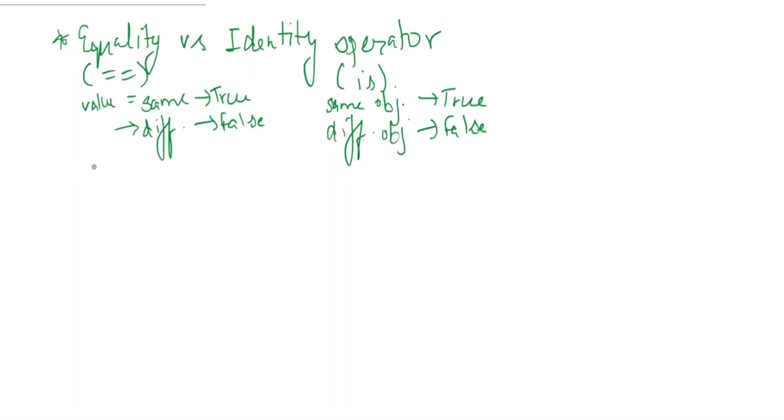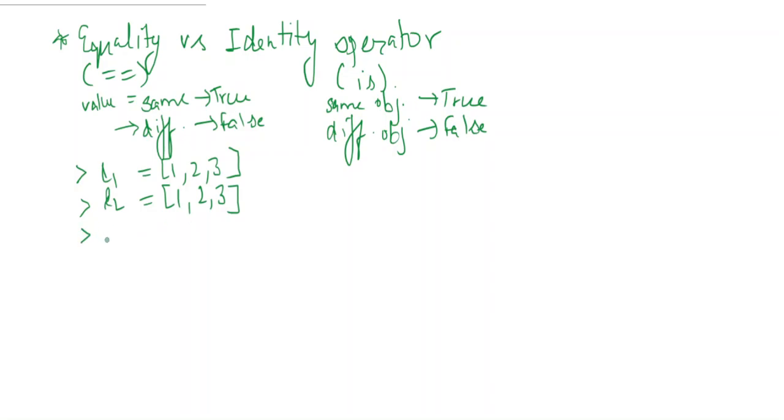So let's understand this with an example. Suppose we have a list L1, which has three values, 1, 2, and 3. Then we have a second list, say L2, which again has the same values, 1, 2, and 3.